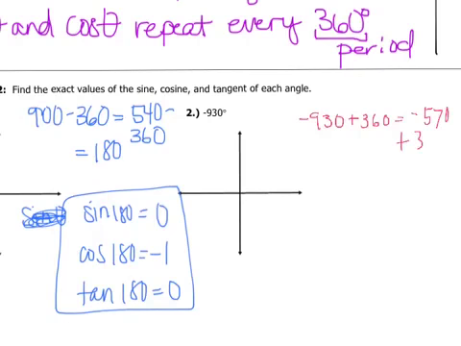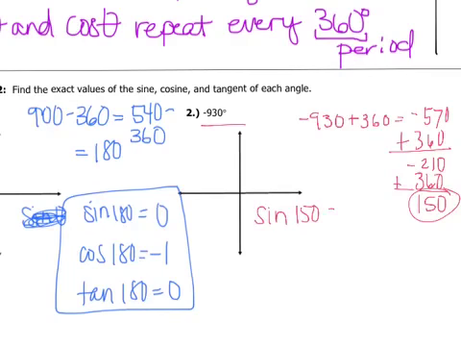And then plus 360 again: negative 210. You could do negative 210, but a lot of people just like to work with the positives, so let's add it one more time, so you're between 0 and 360. That gives 150. So negative 930 is going to be the same as sine, cosine, tangent of 150.